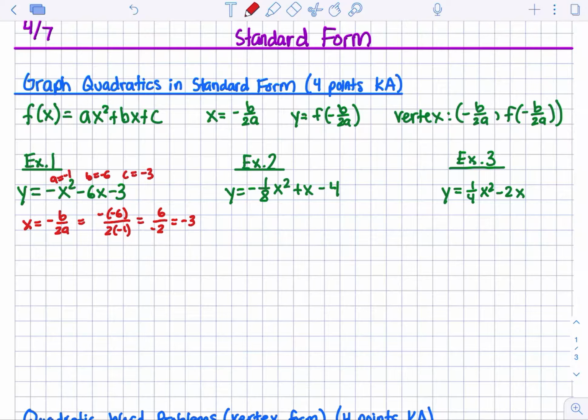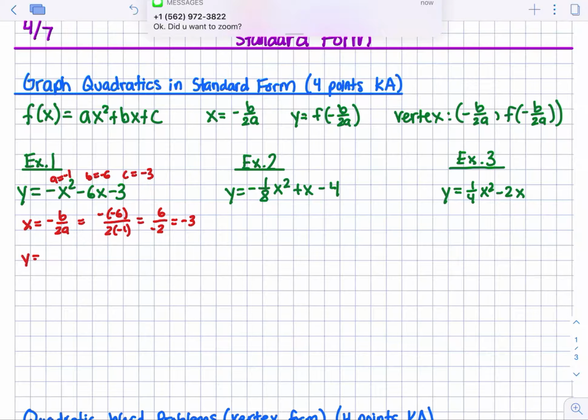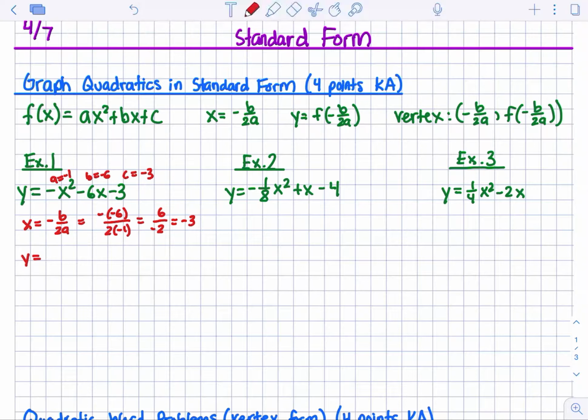Okay, now we have our x-coordinate of the vertex. Now we gotta go find our y-coordinate. So y is equal to, plug in negative 3 into the original equation. Here's our original: negative of negative 3 to the second, minus 6 times negative 3, minus 3.